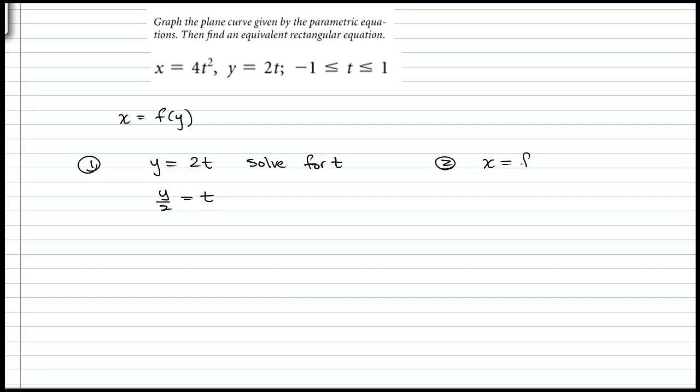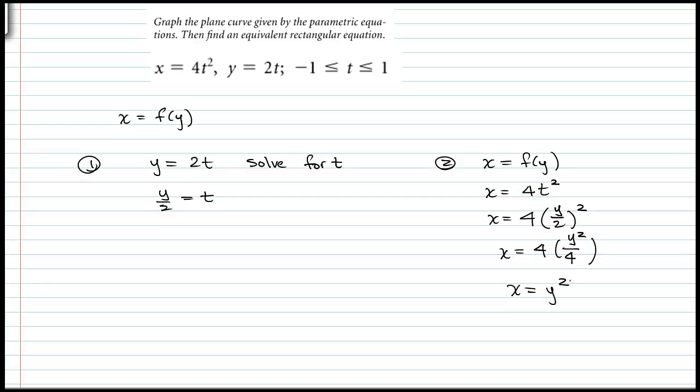Second, we want to write x as a function of y. So look at the x equation, 4t squared, and plug in y over 2 for t, and simplify it. X is equal to y squared.